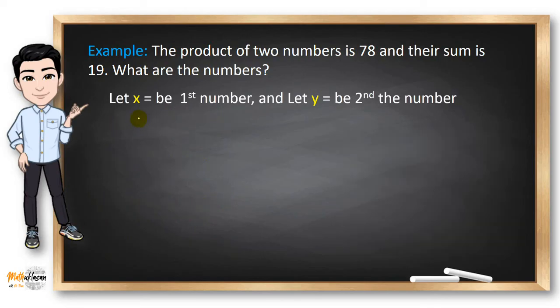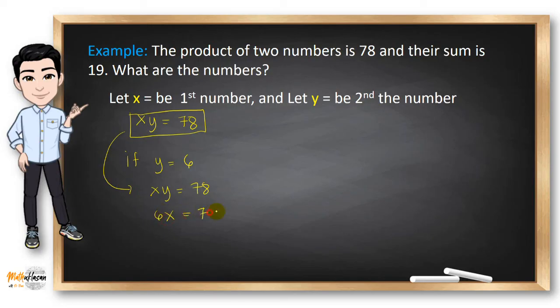We all know that x times y is equal to 78. We got two values for y. So if y is equal to 6, then by using this equation, xy equals 78, we'll have 6x equals 78. Divide both sides by 6, we'll have x equals 13.